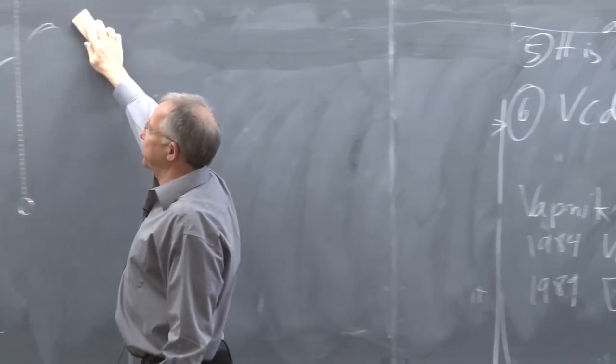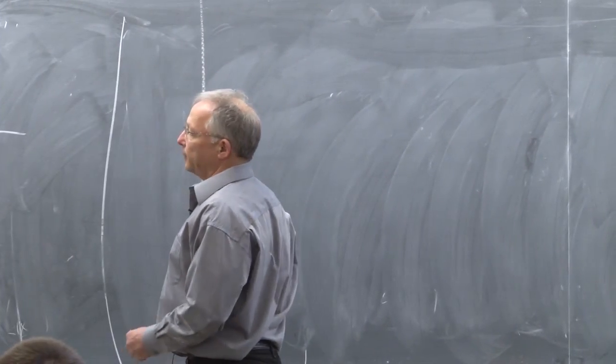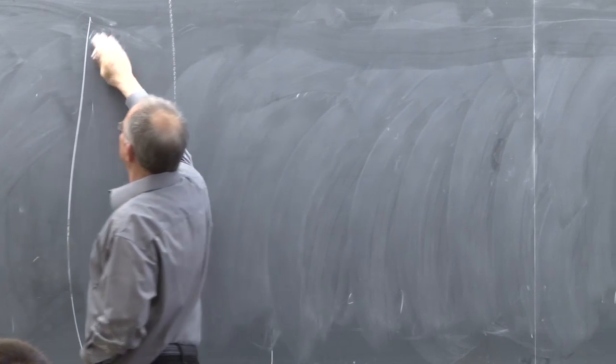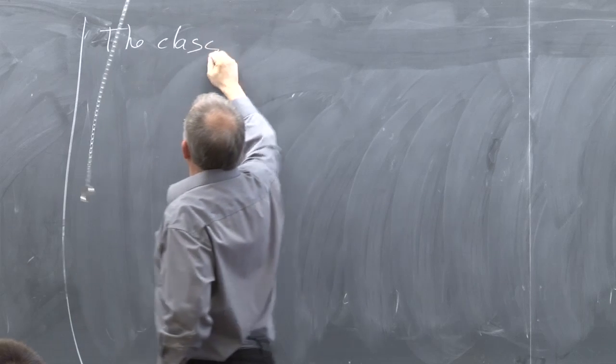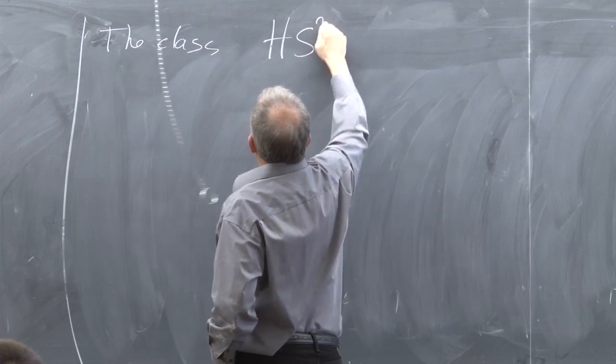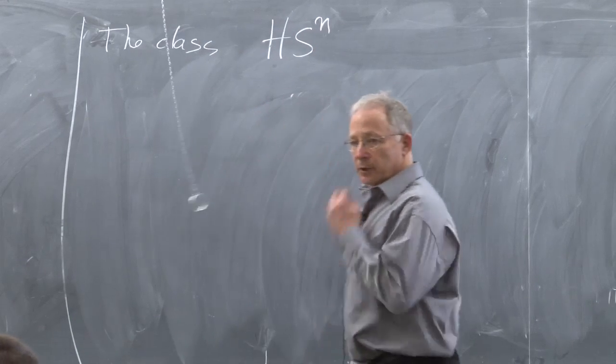Okay, so here is a formal definition of this class. The class HS_n, half spaces over n dimensions.